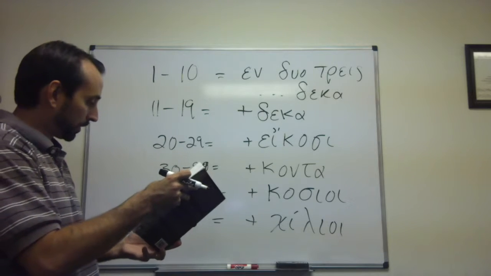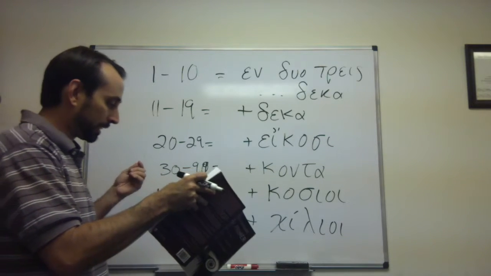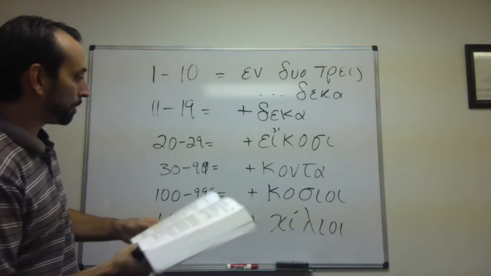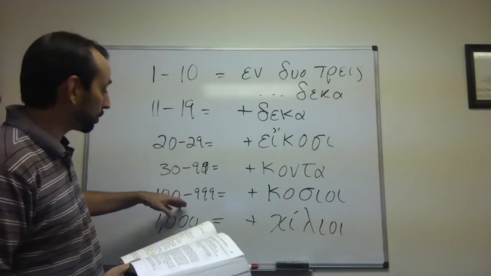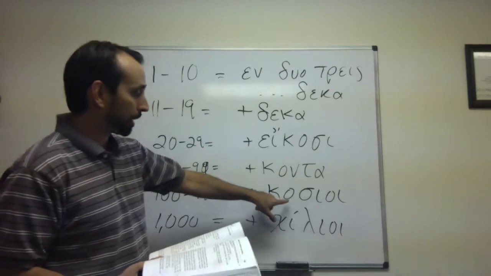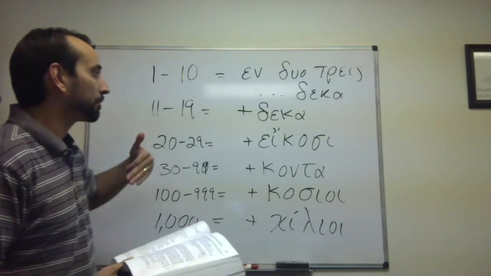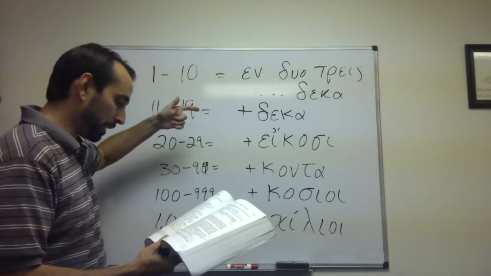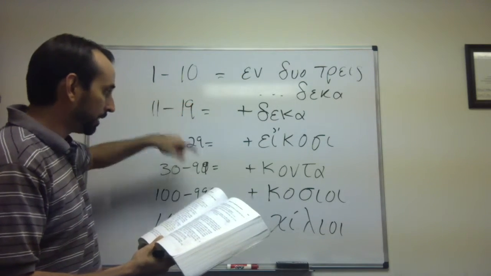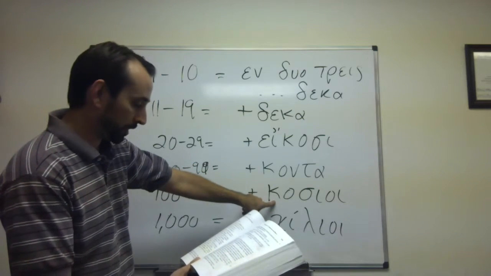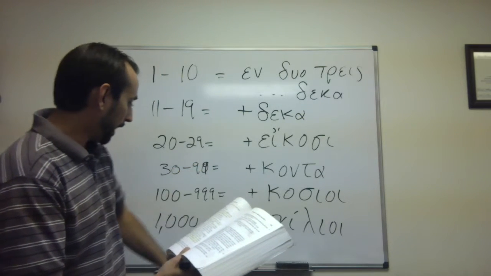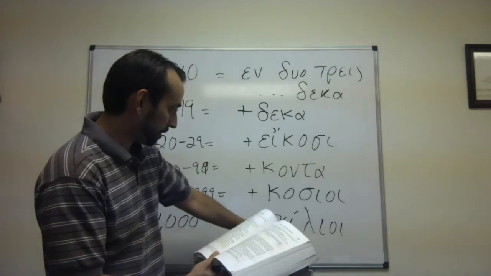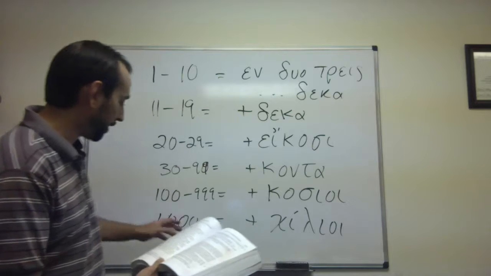Now, if I just wanted to say 100, remember you had a separate word for just 100, the ekaton. But if I want to say 101, 102, all the way up to 999, I'm going to have this suffix. So not only do you have to learn the cardinal numbers and the number for 100, ekaton, but I got to know the suffix for it as well. And for 1,000, I learned this number and this suffix to make anything 1,000 or over.